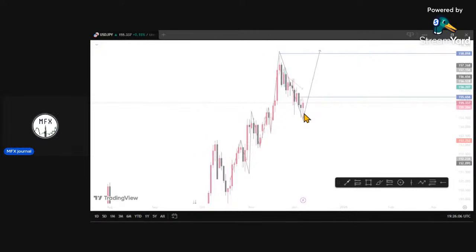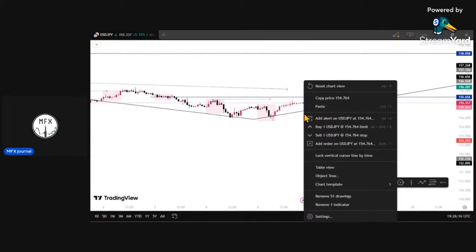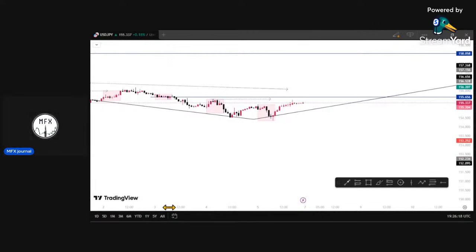And when price is retracing, we can take opportunity from the retracement that is happening.